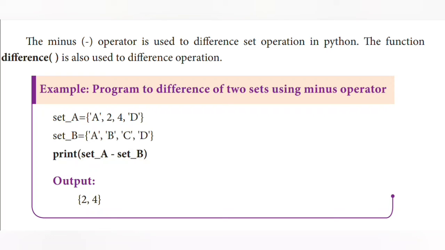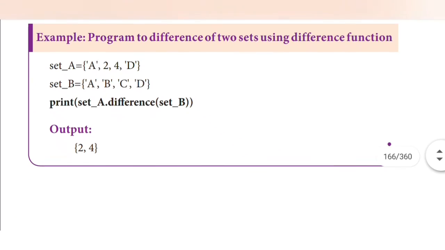In both set A and set B, the elements A and D are present, so omit these elements, and the remaining elements in set A are 2, 4. So we get the output 2, 4. Either we can use the minus symbol or the function name difference.